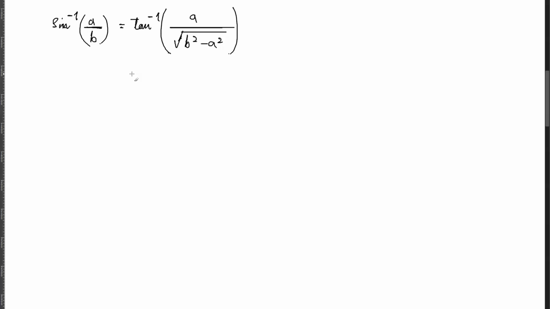Another thing which is pretty interesting here is that they have written that the question is that you want to find the tan of the sine inverse of 3/5 plus the cot inverse of 3/2.